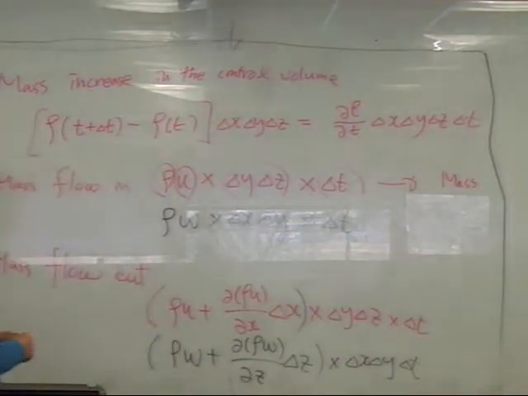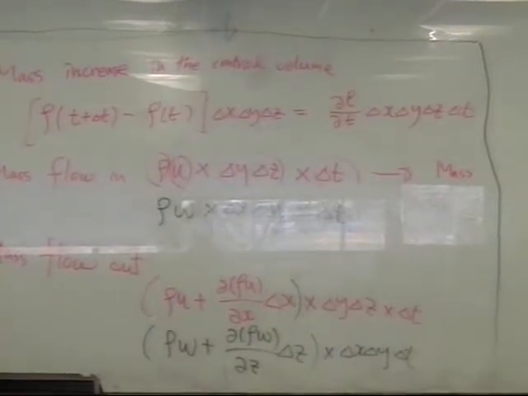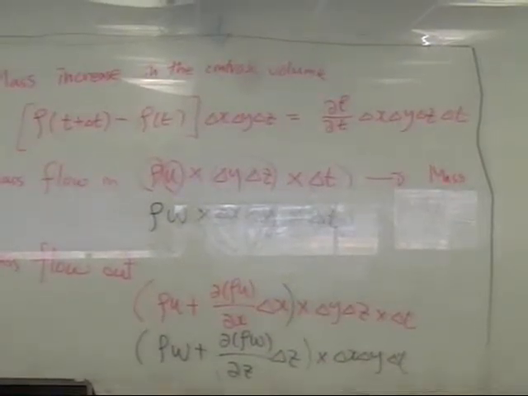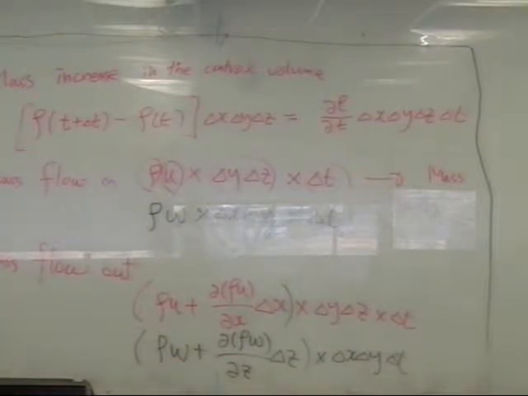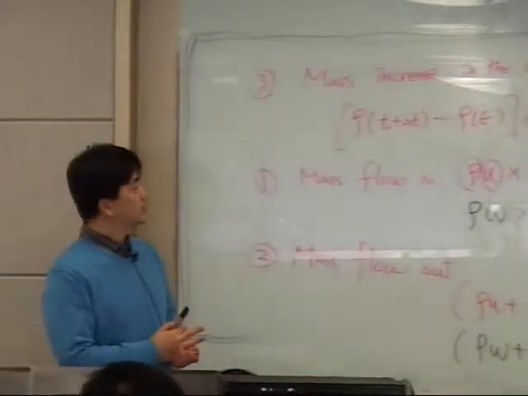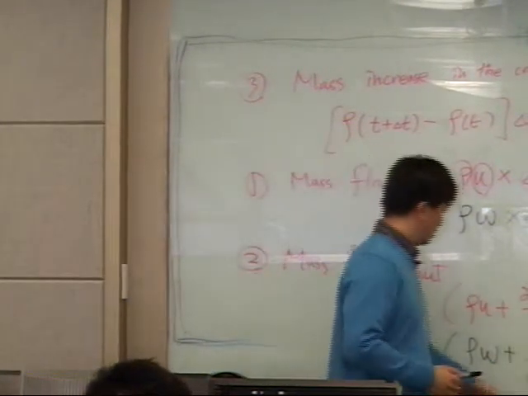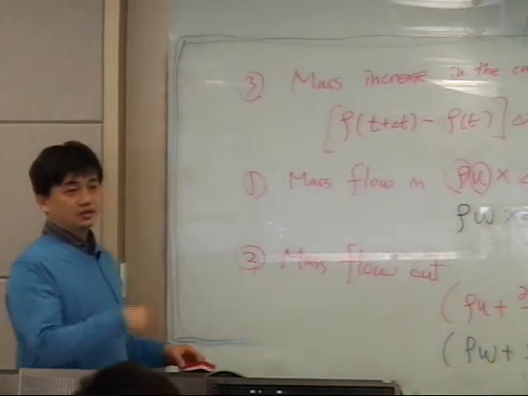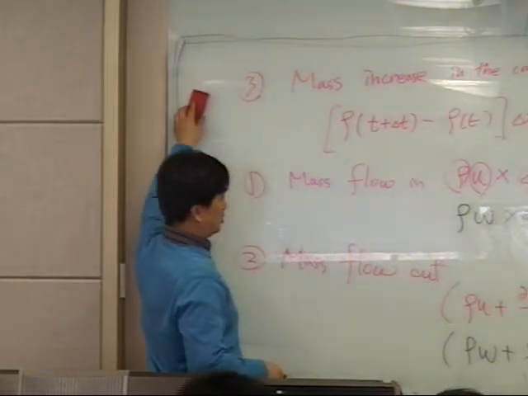Okay? So in a two-dimensional problem, these are all the mass variations. Flow in and flow out, and then the mass increase in the control volume. Then to make the mass conserved, how can I do that?